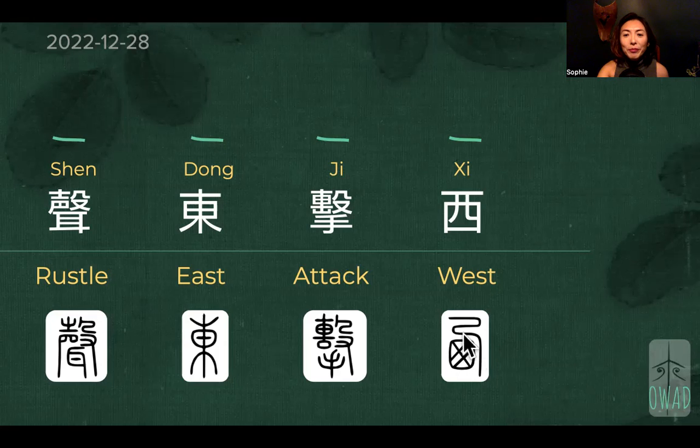Okay, and this thing is actually a bird's nest. A bird's nest over a tree branch, and that signifies the moment when birds are returning to their nest at the end of the day. So if you notice, birds always go back to their nest, at least a certain type of birds.